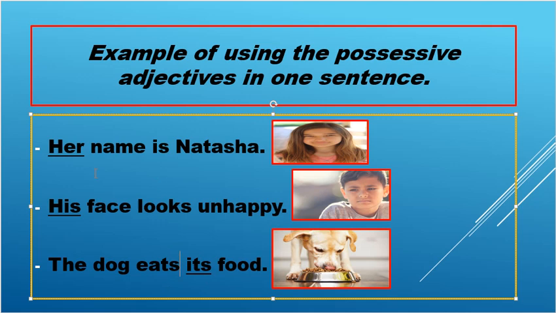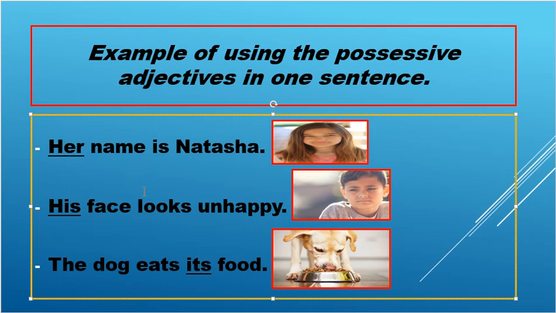But you get used to understanding. So this one, its, means things or something that belongs to an animal, to a place, to a weather, to a fruit, to a sport. And his means that it belongs to a boy, and her belongs to a girl. So always remember that, so that you may not be confused.